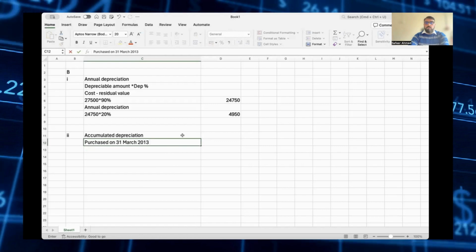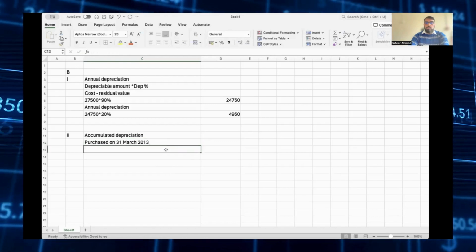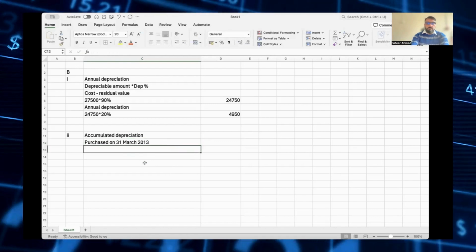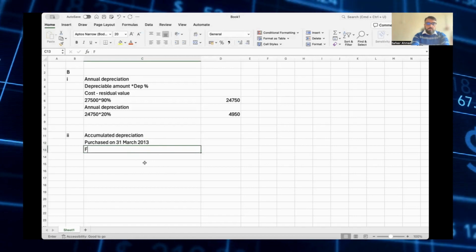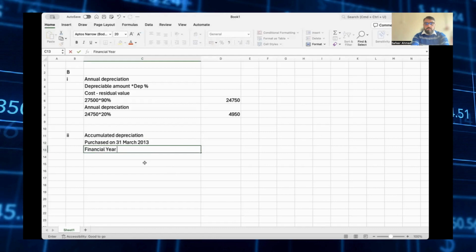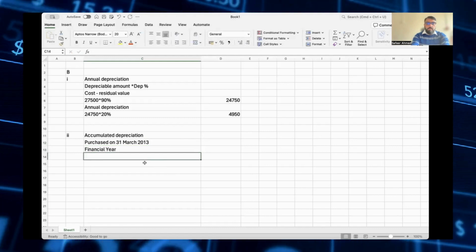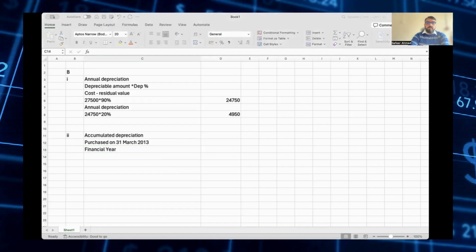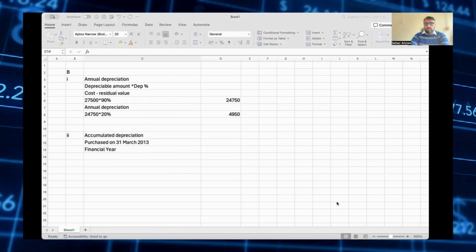Now, always make a note of the year end. So what is the normal year end for Dave, or the financial year, or accounting year, in other words? They told us that it ends on 30th of June.